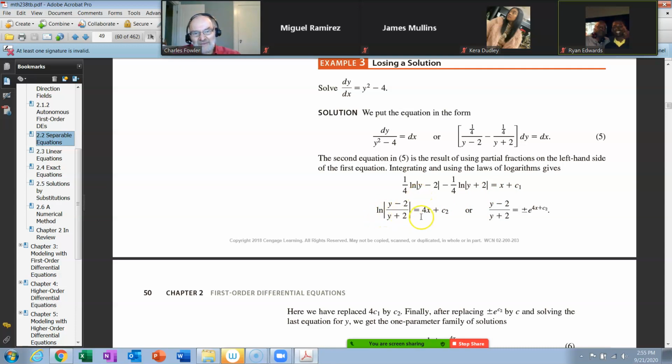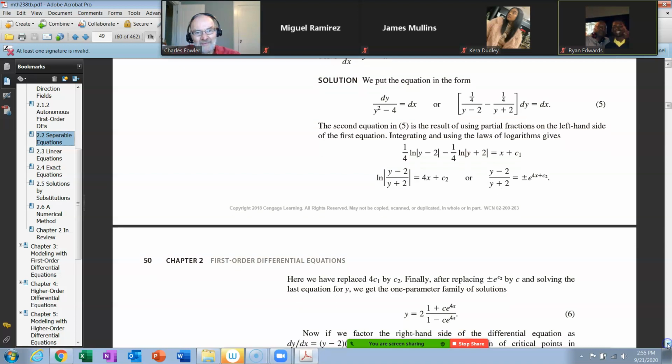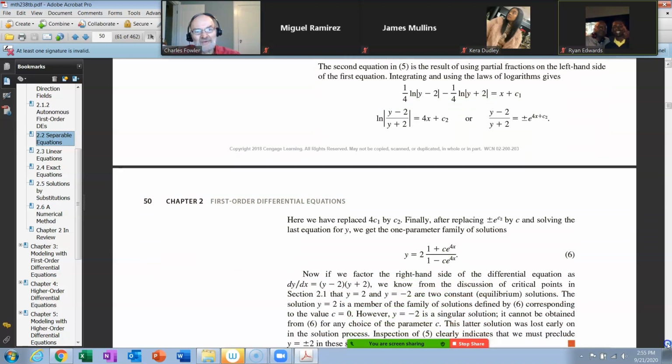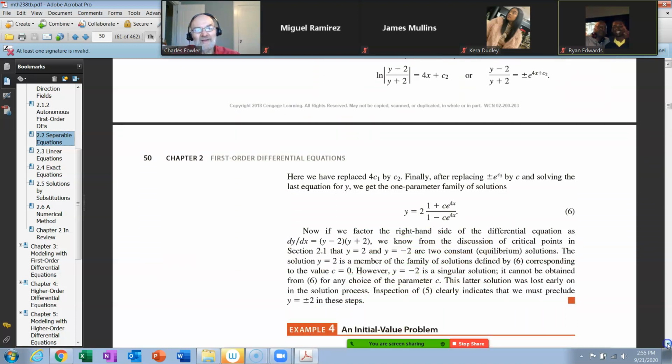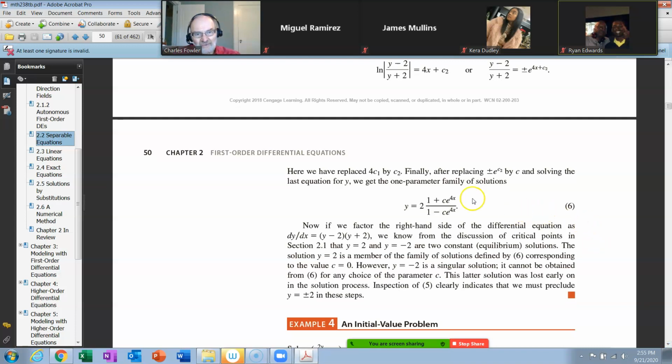But there's an absolute value here, so when you take the exponential of both sides and lose the absolute value, that gives you the plus or minus here. That's what I was trying to show you before, but I ran out of room to write it. Now, what they're skipping is how they get from here to here.